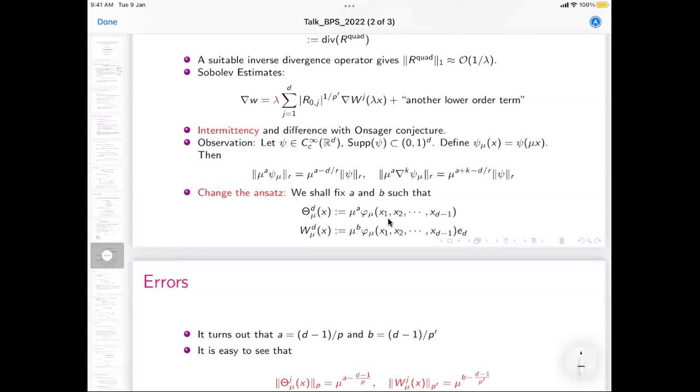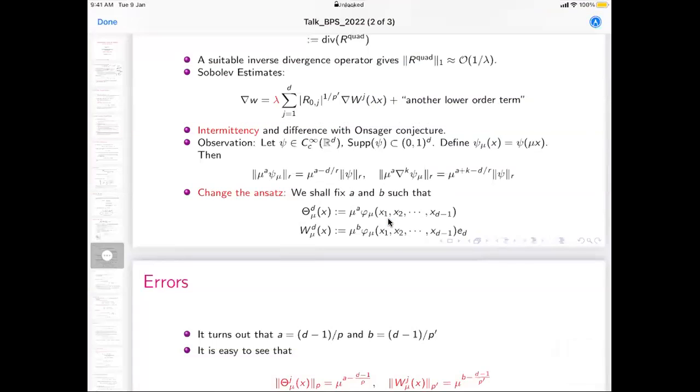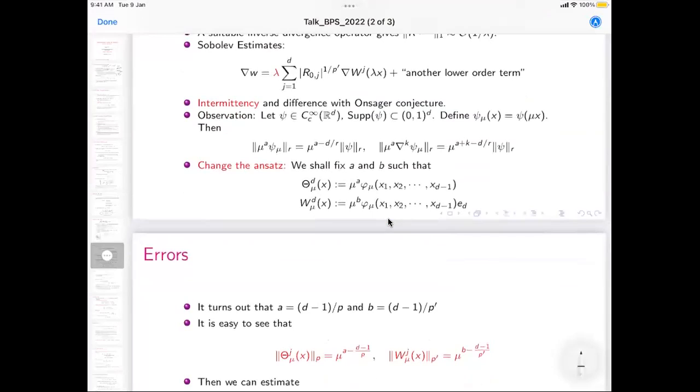Now, coming from physics, if you put that into a mathematical context, what it says is that you need to actually concentrate your Mikado flow. So this is the way you concentrate, right? You look at psi_mu, and I multiply this by mu to the power a. And the advantage of doing this is that if I now measure any L^r norm, you see this exponent will pop up, right? This is just a change of variable. And also if you take a gradient, then you know how this correlates.